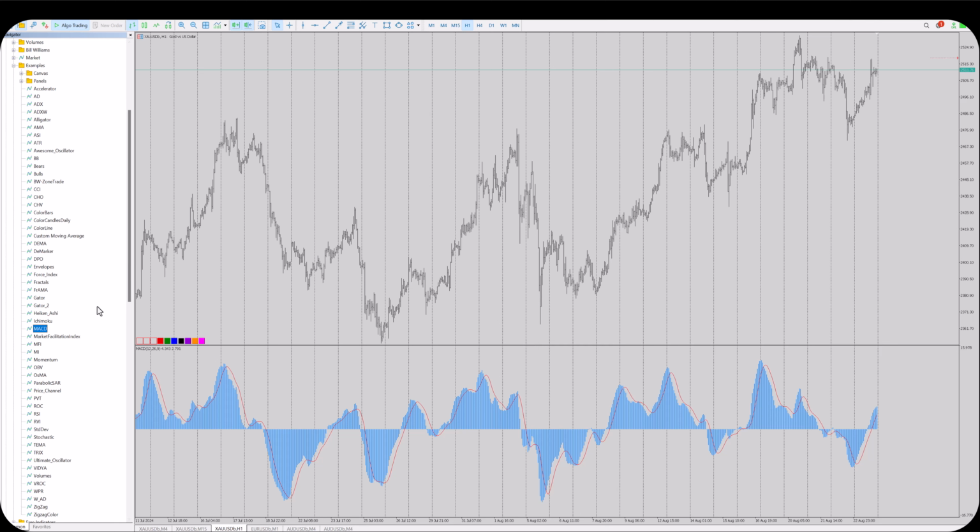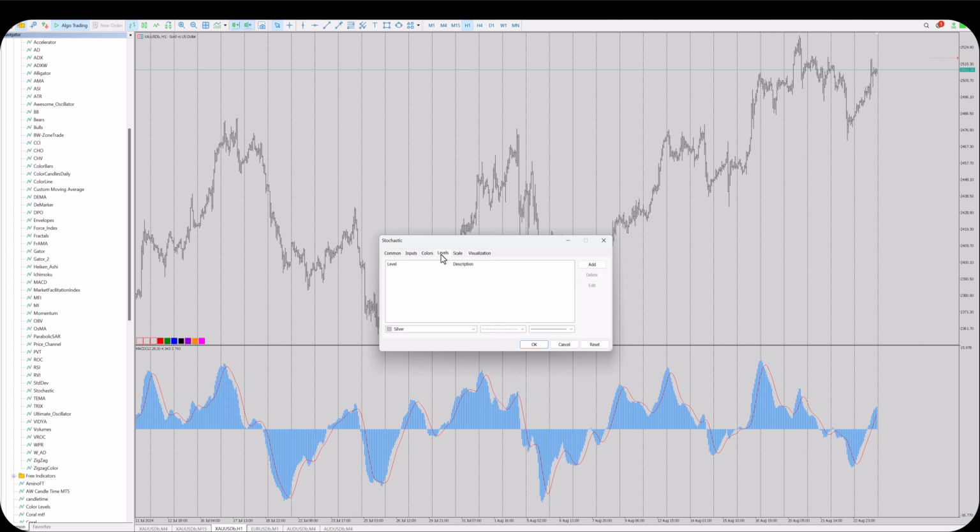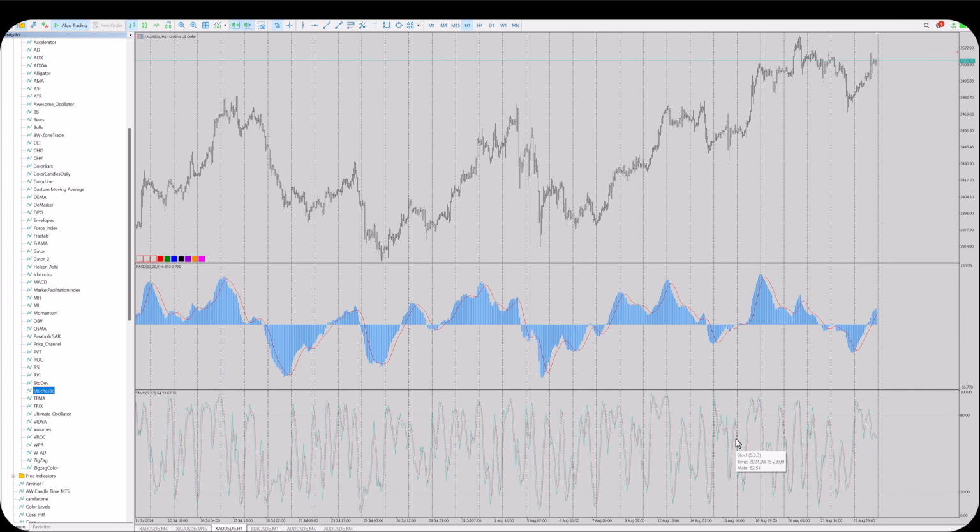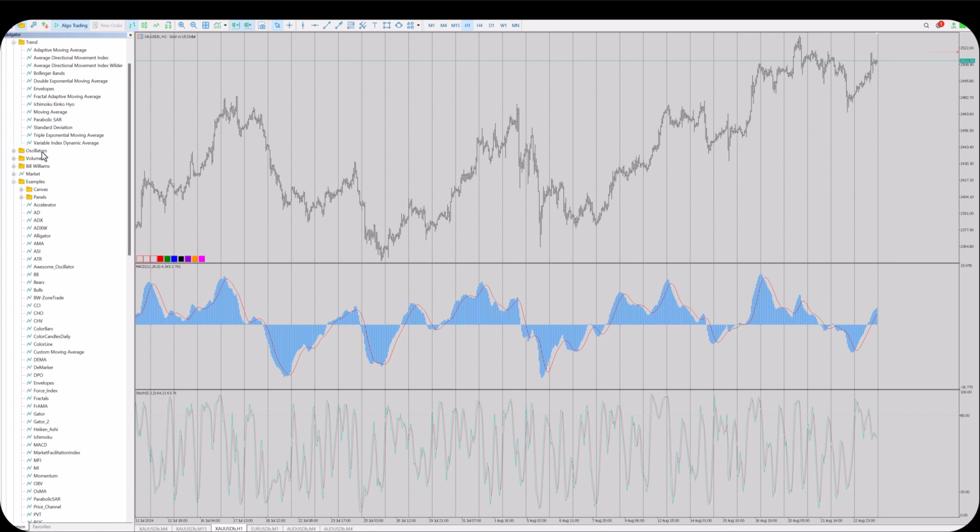This is the MACD, and stochastic is the same, just the levels. Let me check. Yeah, okay. This is a stochastic MACD. Let's have some moving averages as well.